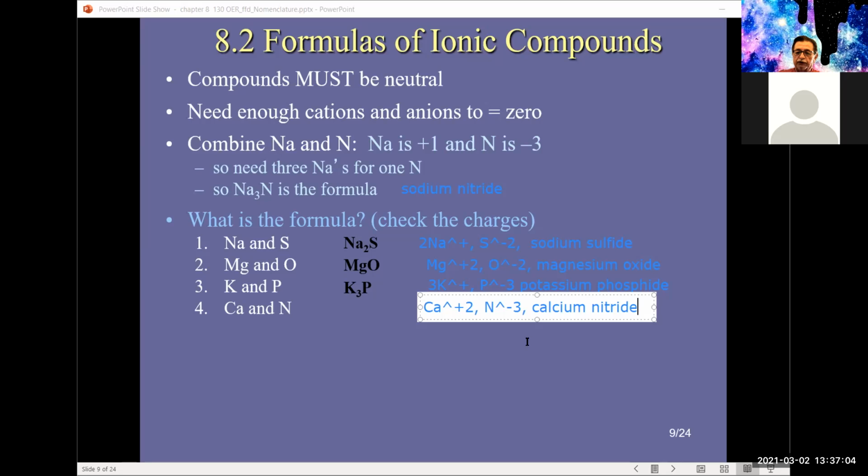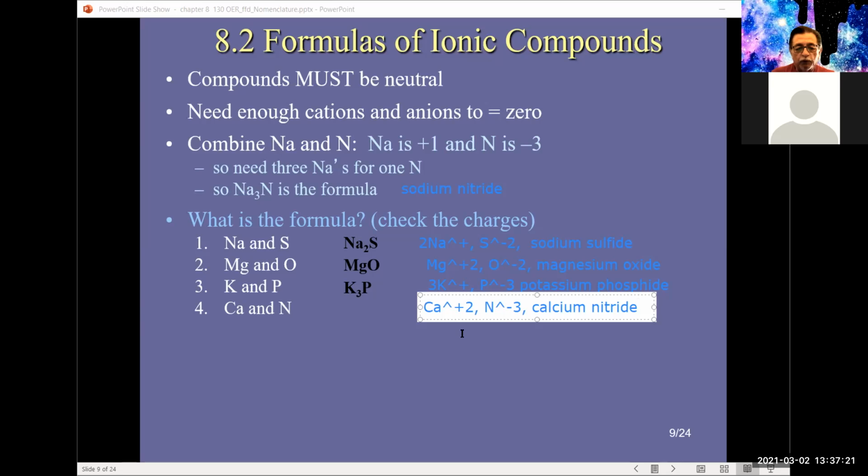Okay. Well, think of it here. I got a +2 and a -3. What number would each one have in common? Or what can we do to get them into equal charges? Well, let me ask you this.